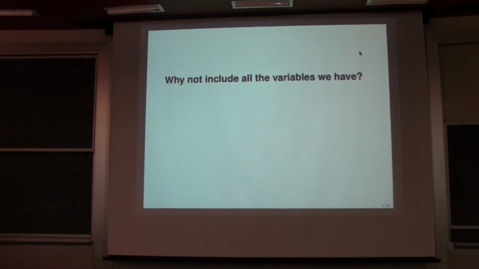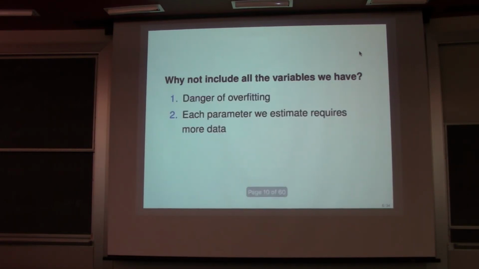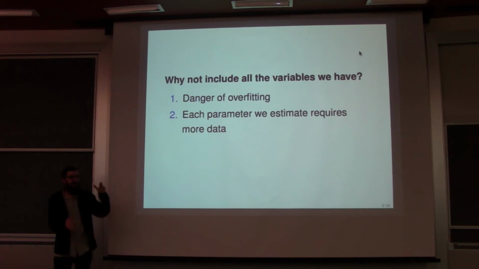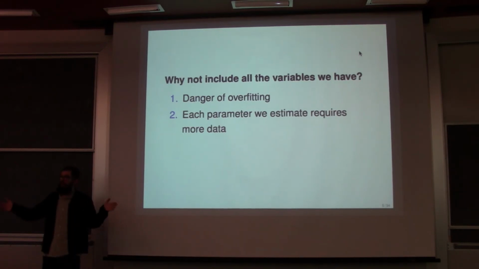So first thing we could ask is, why not just include all the variables? Let's include all 6 variables, right? And I think I already made these points. You have this danger of overfitting, and the related problem is that if you try to estimate lots and lots of parameters, to do that robustly, you need lots and lots of data.